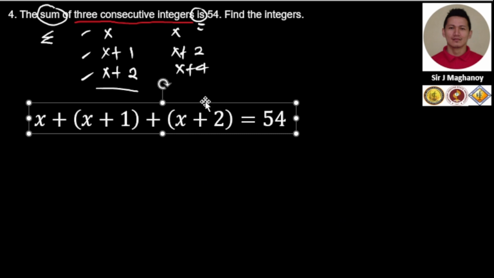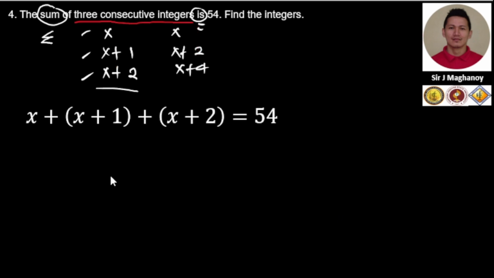Okay, solving for x. x plus x plus x is 3x, plus 1 plus 2 is 3, equal to 54. Transpose positive 3 to the other side. Positive will become negative. So 3x is equal to 54 minus 3.